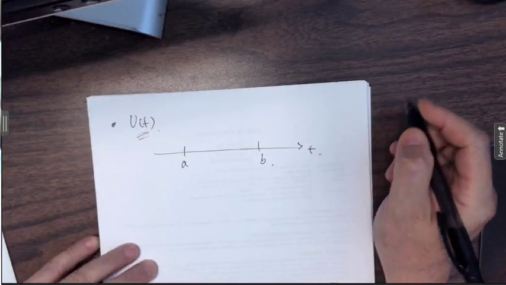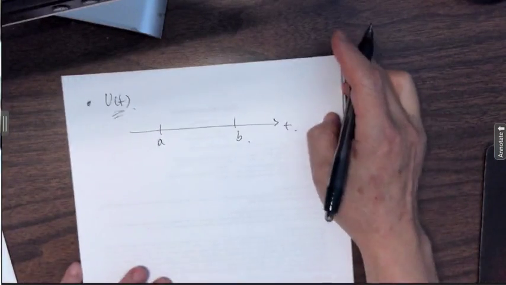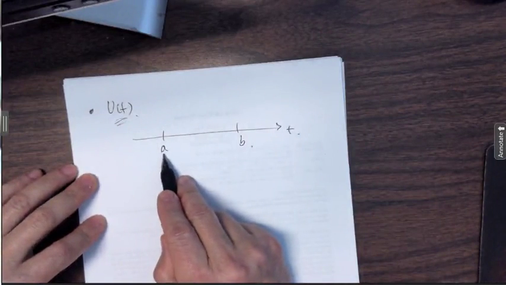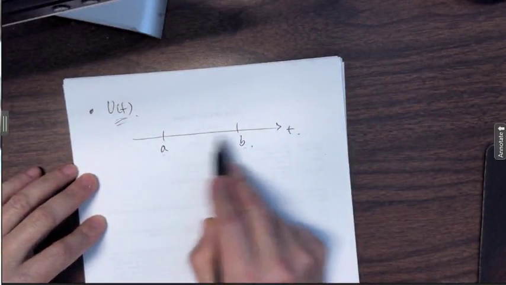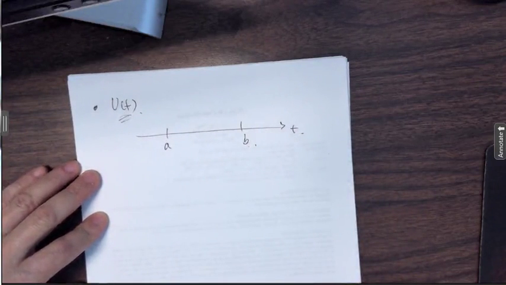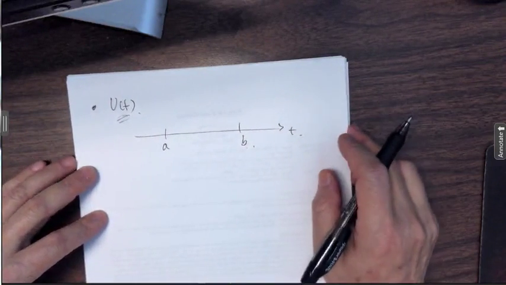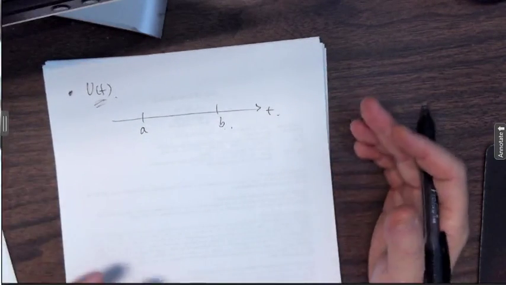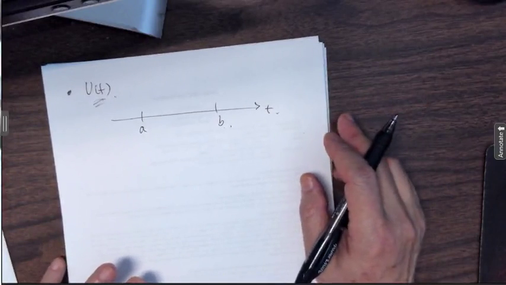This is the time axis. From time A to time B, what's the distance traveled? Since the velocity is not constant, again, we're not able to directly calculate the distance traveled.